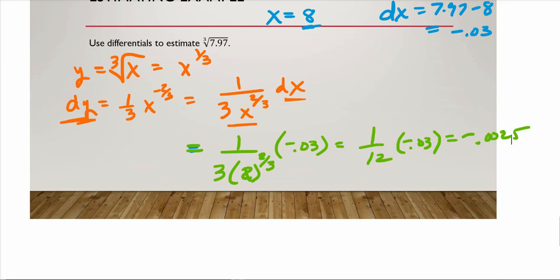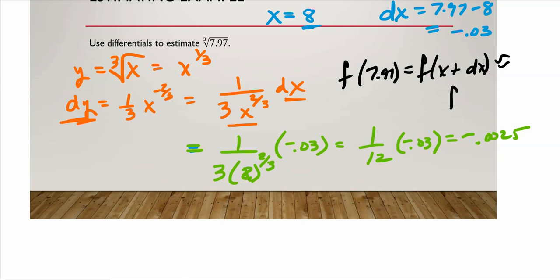So what are we going to do? Let me go ahead and express it up here, all right? So we're going to say that f of 7.97 can be really written as f of x plus dx, all right? And that can be approximated as f of x plus dy.